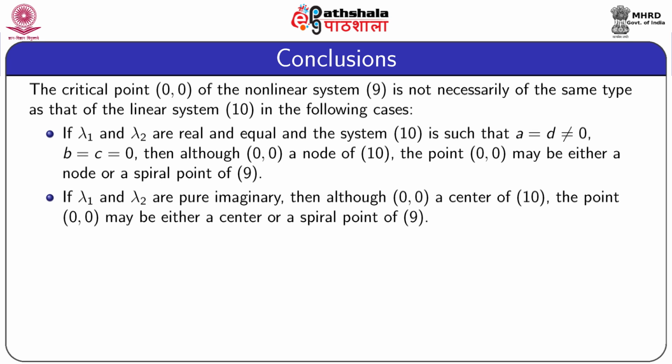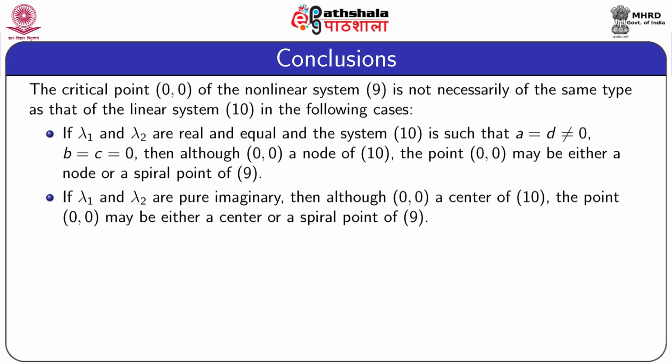Now, here there will be some deviations. The critical point (0,0) of the nonlinear system 9 is not necessarily of the same type as that of the linear system 10 in the following cases.